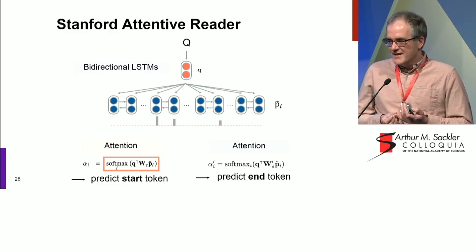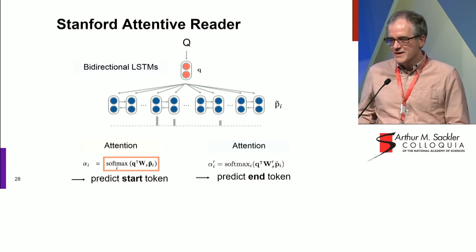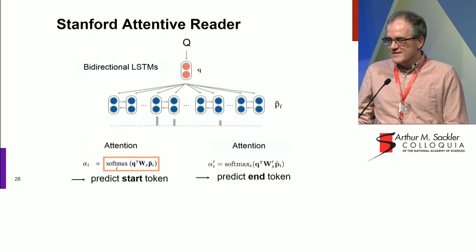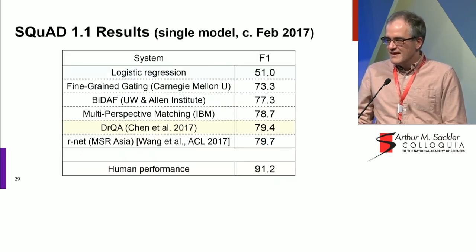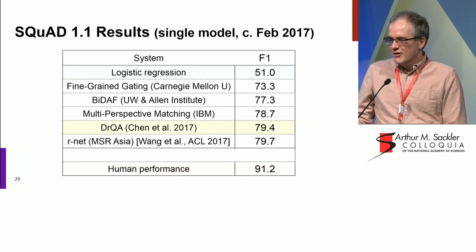And in particular, the LSTM sequence model over the passage will learn to convey information along its sequence model so that the sequence model contains markers of the start and the end, which can then be picked up when you're picking out the subsequence.